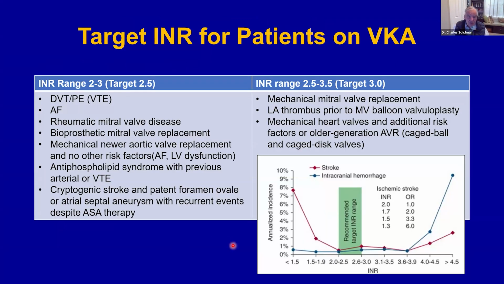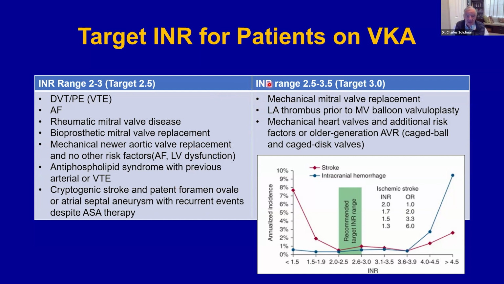The target INR for patients on warfarin is between 2 and 3 for DVT-PE, AFib, rheumatic mitral valve disease, bioprosthetic mitral valve replacement, mechanical or the newer aortic valves.